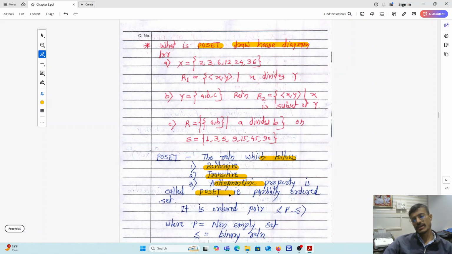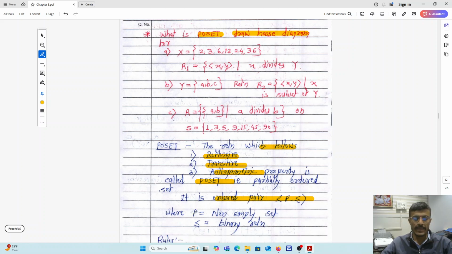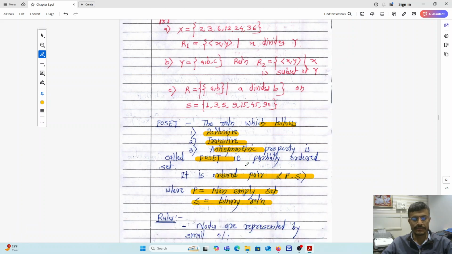Generally, the poset is denoted by angular bracket P comma less than or equal to, where P is a non-empty set and less than or equal to is a binary relation.